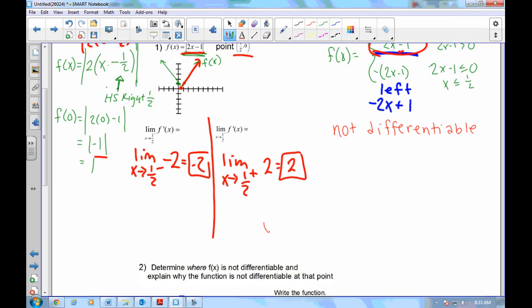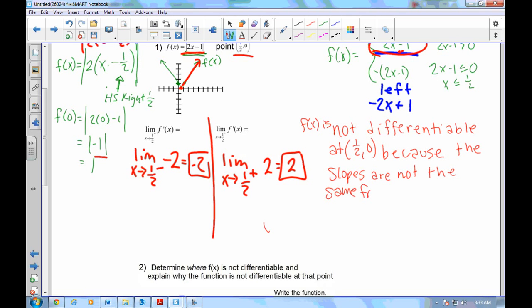Let's see, I should probably say f of x is not differentiable at 1/2 comma 2 because the slopes are not the same from the left and the right.